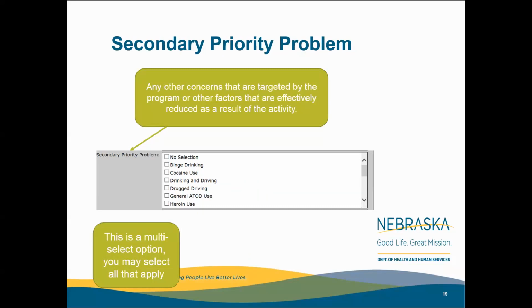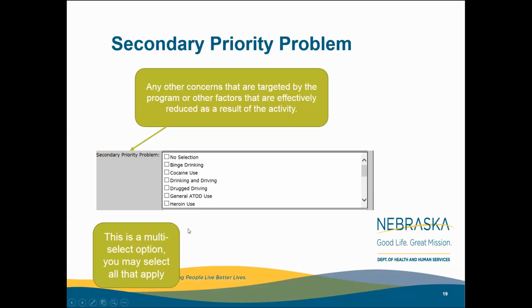I would encourage you, if your program deals with a large number of substances or a large number of behaviors, that you select general ATOD use and not go through and select every drug option on the list.